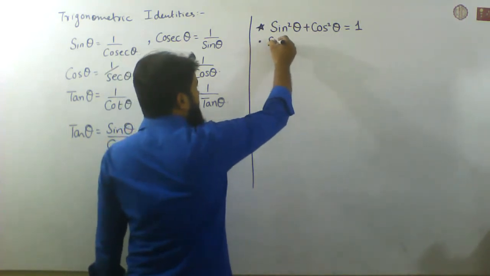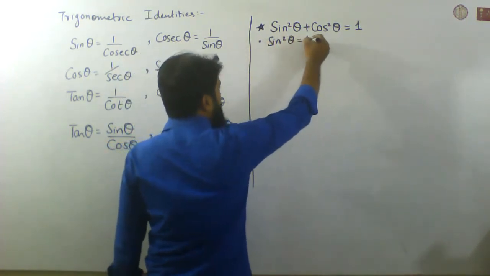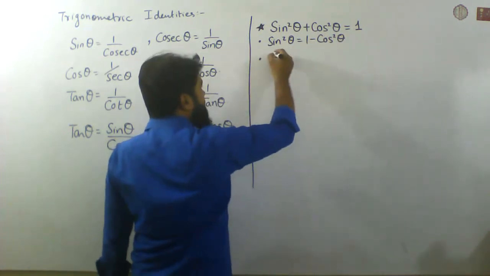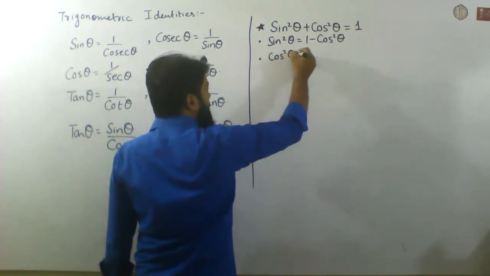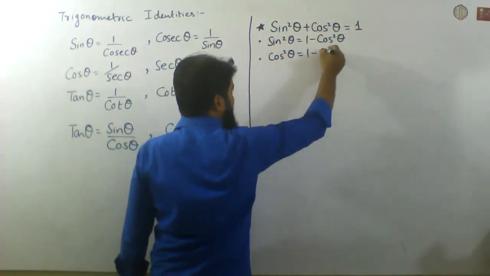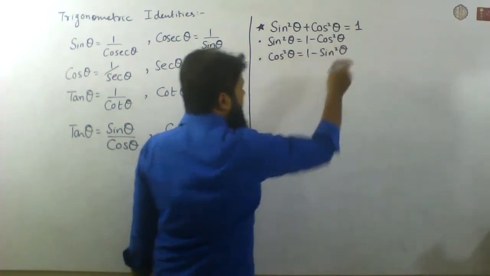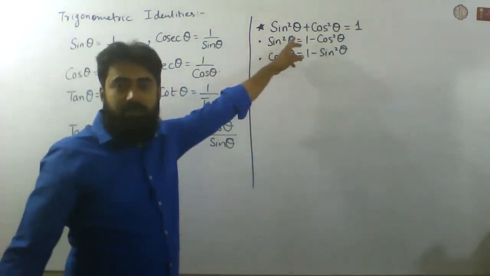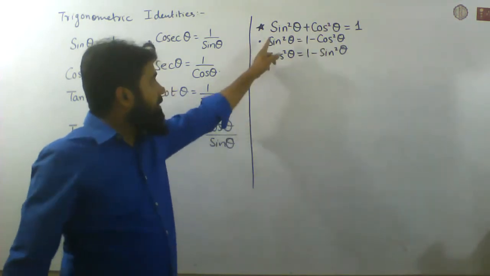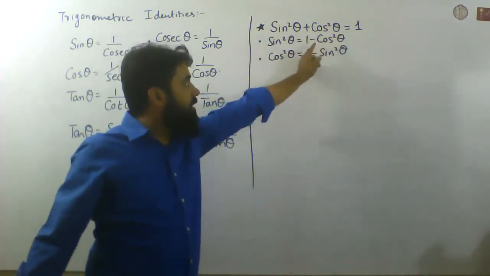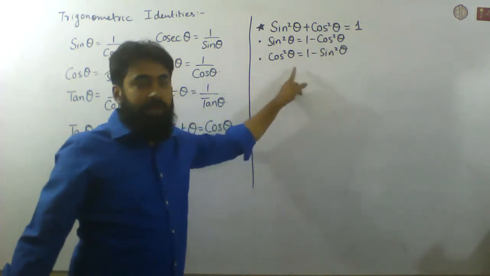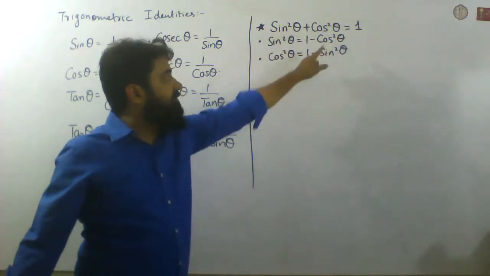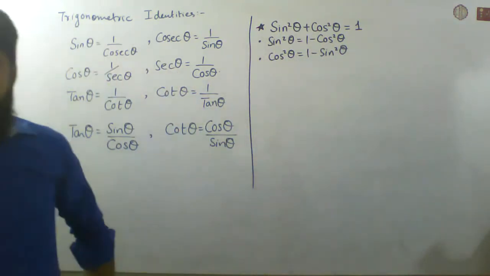You can have sin square theta equals 1 minus cos square theta, or cos square theta equals 1 minus sin square theta. In the variation, I have shifted cos square to the other side, and similarly for sin square, and I have got this result.